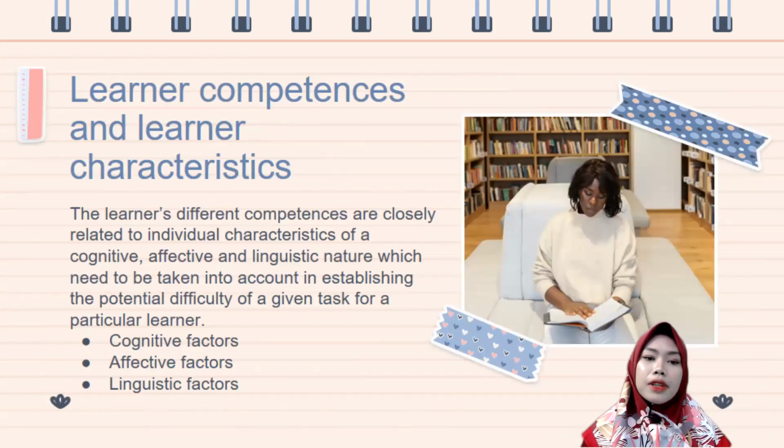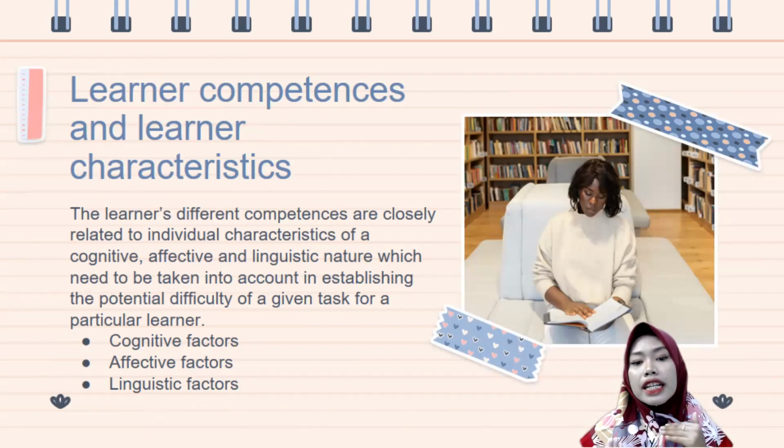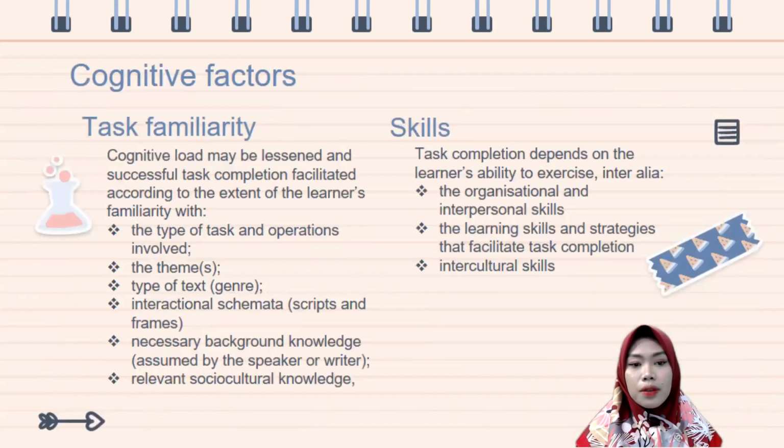Learner competences and learner characteristics: the learner's different competences are closely related to individual characteristics of a cognitive, affective, and linguistic nature, which need to be taken into account in establishing the potential difficulty of a given task for a particular learner. The factors are cognitive factors, affective factors, and linguistic factors.